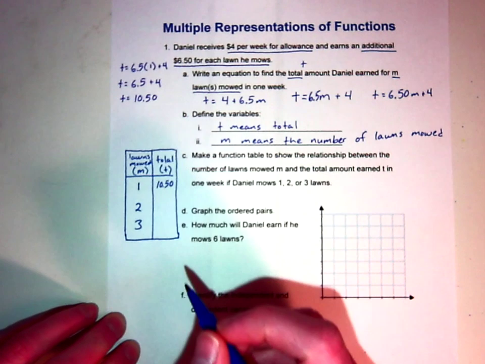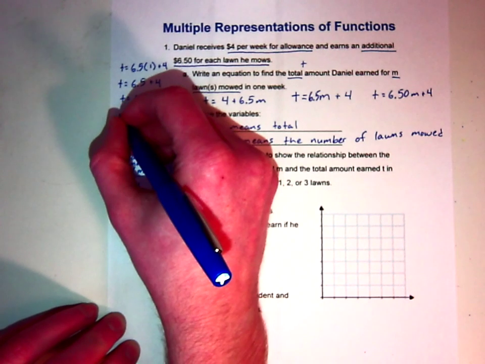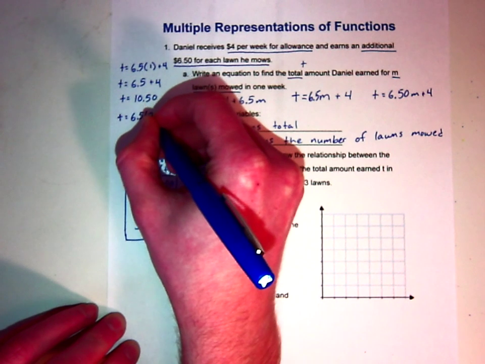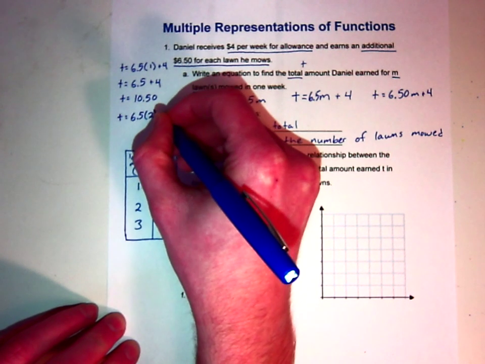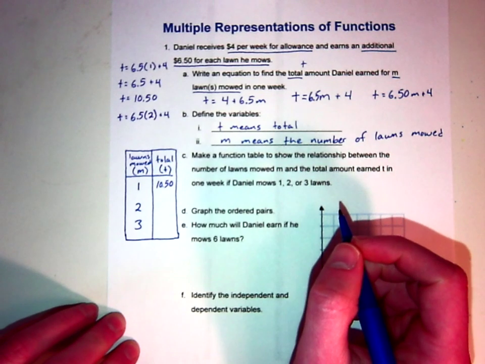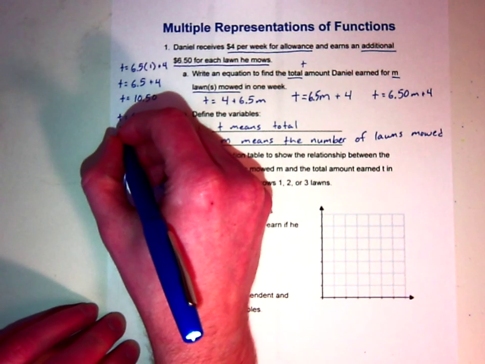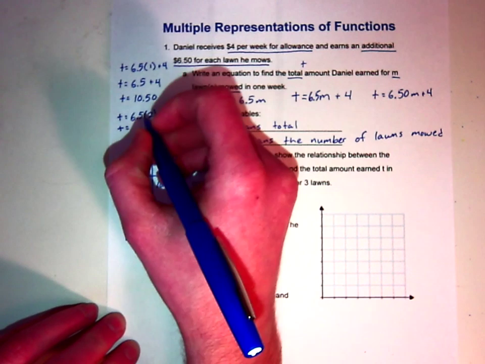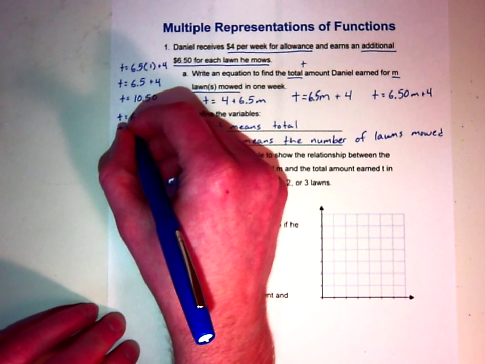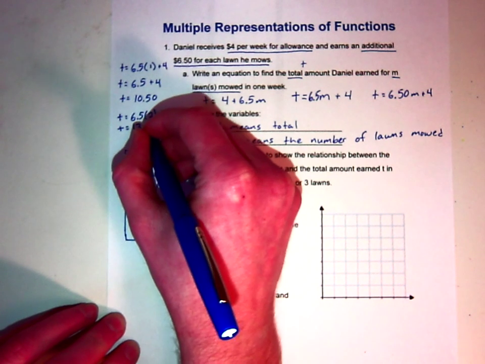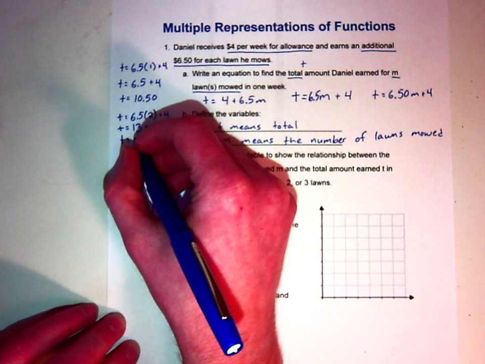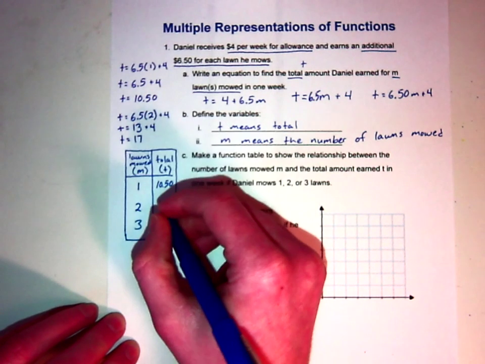From there, let's try number 2. T equals 6.5 multiplied by 2, and it's adding 4. So we're just plugging it into our equation. 2 times 6.5 is going to be 13 plus 4, and so T will equal 17 in this one.